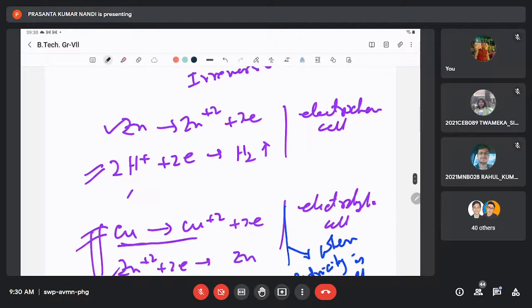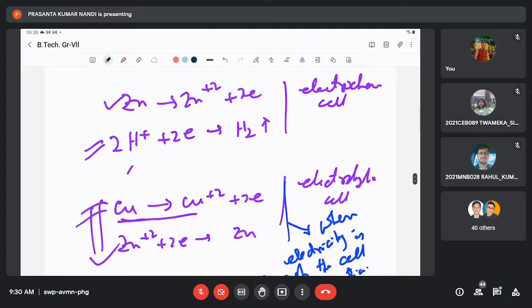So whatever hydrogen ions, after getting two electrons, were removed from the system, exactly to balance this excess negative charge in the solution due to the presence of sulfate ion, that is counterbalanced by the copper ion coming from the copper electrode.